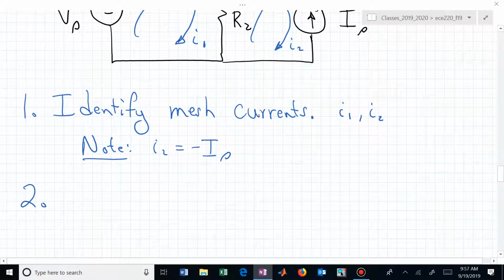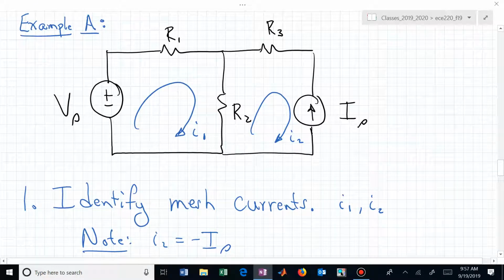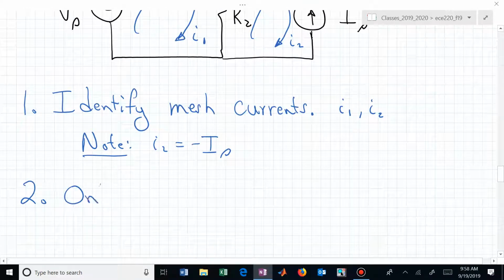That means then that if I'm in step 2 and I'm writing my KVL equations for mesh circuit analysis, I only need to write one KVL equation. And that's associated with the left mesh, or mesh 1.